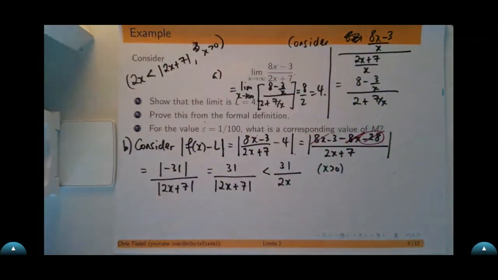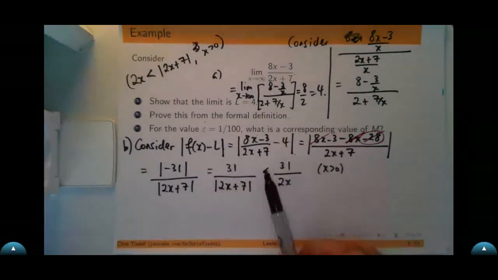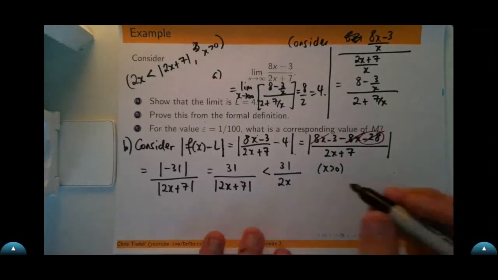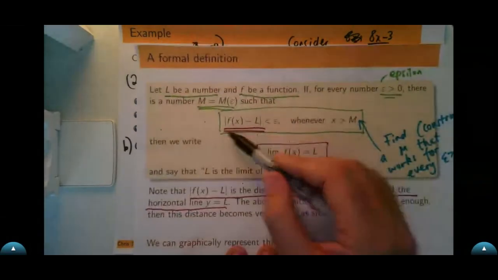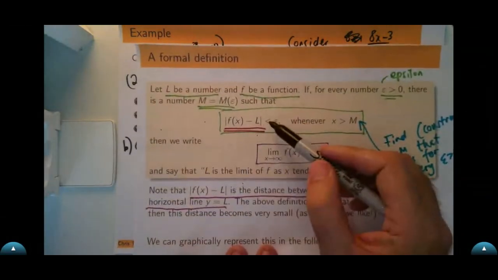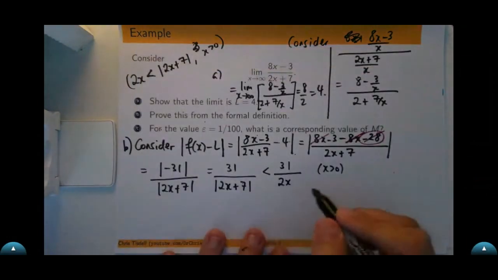Now we started with something very complicated, and now we've got something really simple. So what I can do now is go, I really want to solve this thing over here.